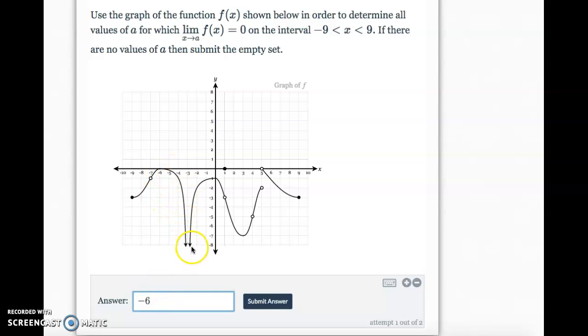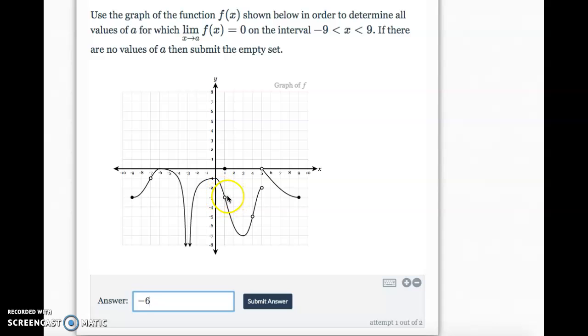Then it goes down, down, down, down, comes back up, doesn't quite hit 0, goes down, goes down, goes down. Oh, this one's a little bit tricky because even though my actual dot is at 0, my limit is what my graph seems to be approaching. So at x equals 1, my graph seems to be approaching a y value of negative 3 from both the left and right hand sides. And so my limit wouldn't be 0 here.